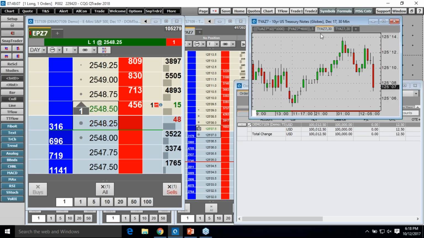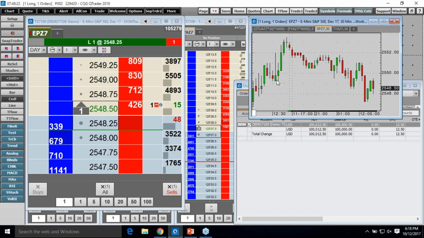Very quickly, let's look at the charts of S&P 500 to see if we are on the right side of the trade. On the chart window, you will see a cursor here that blinks. It allows you to enter your code for the product, which for S&P 500 is EP. So I'm going to enter EP, and it by default picks up the Z7, which is the first and the active contract, right?